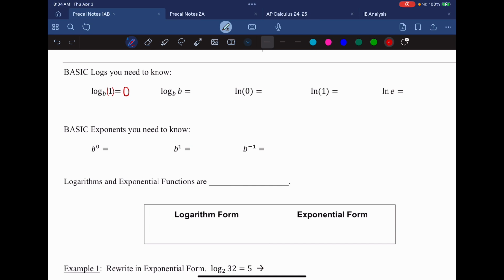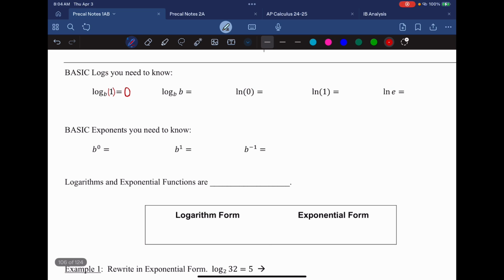Now, the basic exponents that you need to know that are listed underneath: anything to the 0 power is equal to 1. So because of this relationship, this is true. And we'll talk about converting back and forth in just a second.